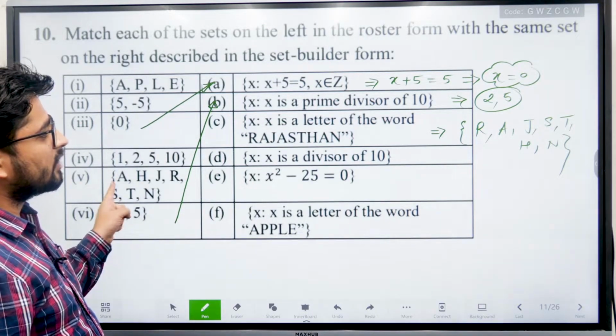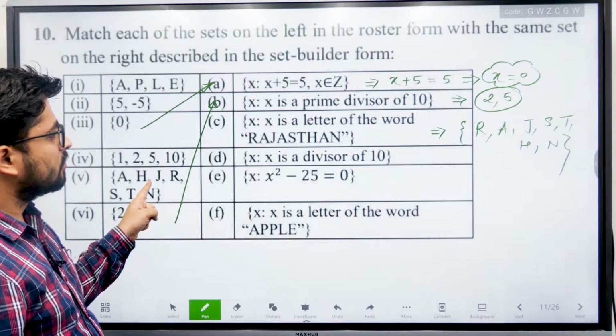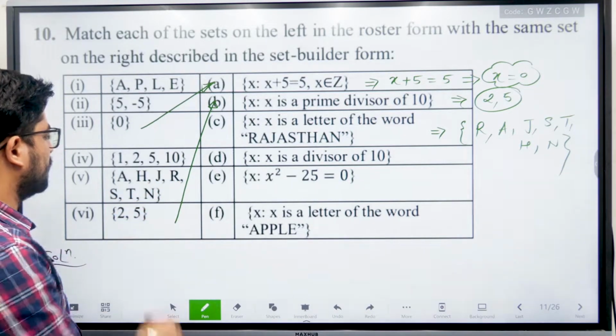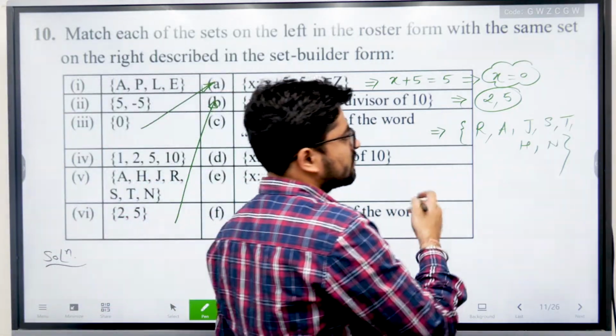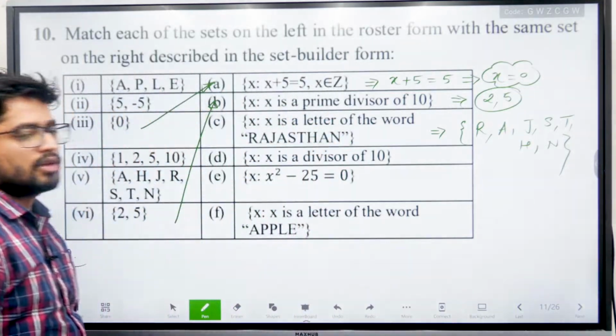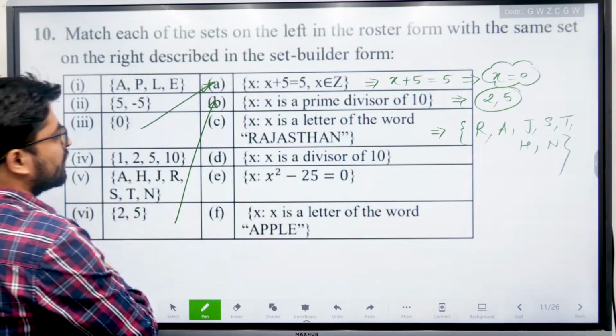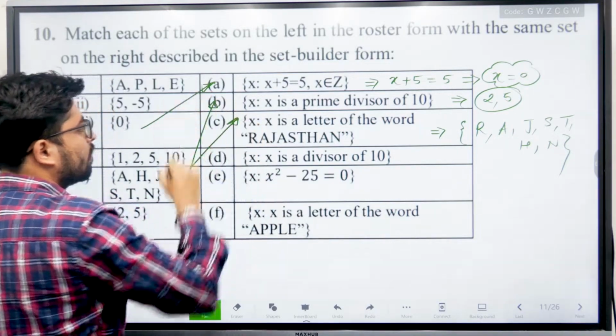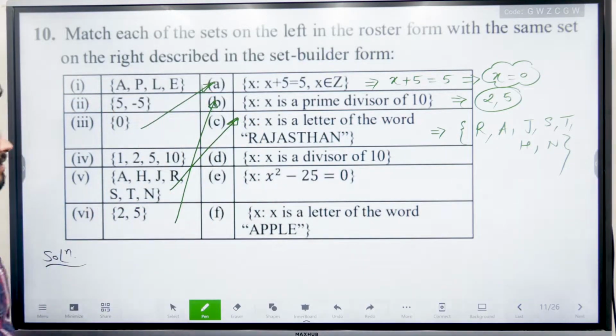So you can connect with A, H, J, R, S, T, and N. These 7 alphabets are here, and the same alphabets are here. So you can say the fifth one is connected with C.